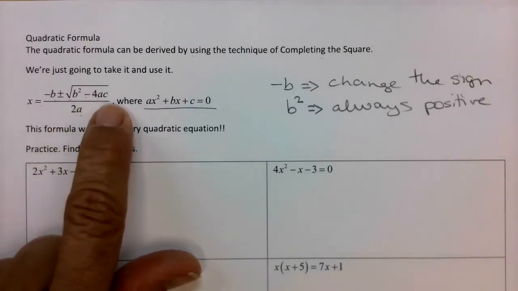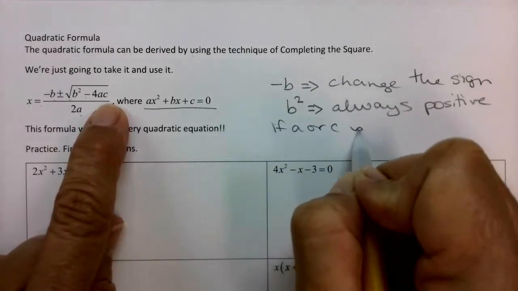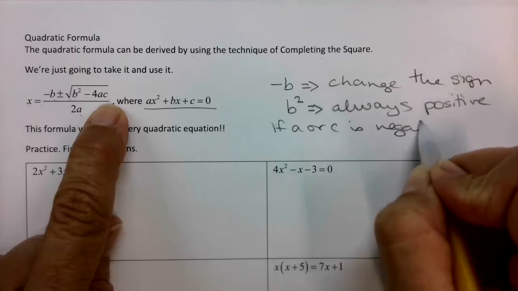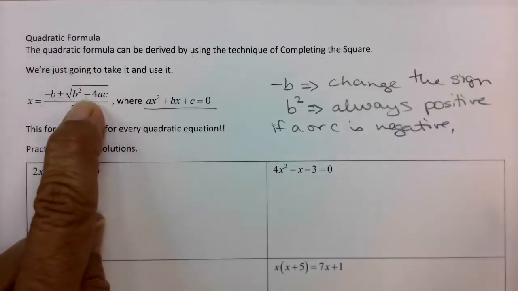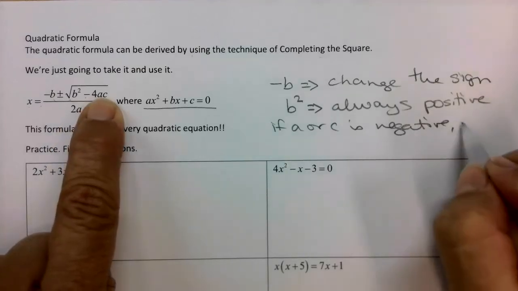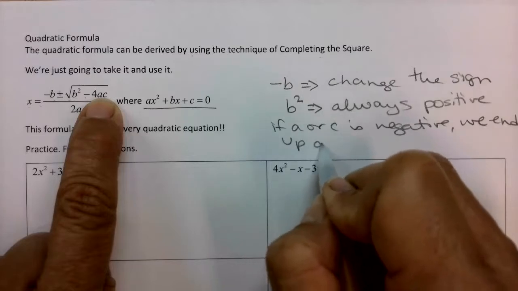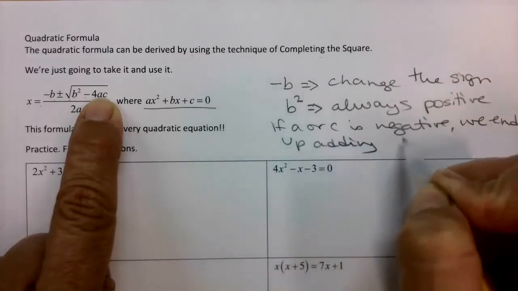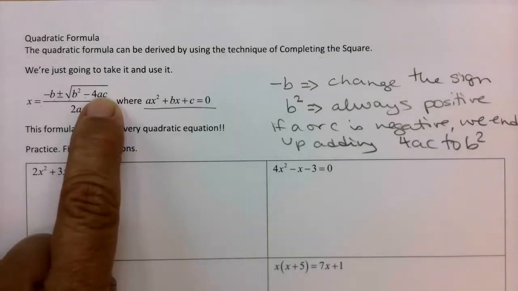That minus 4ac, if a or c is negative, then when we multiply, because it's a minus 4 times that, we actually end up adding the 4ac to the b squared.